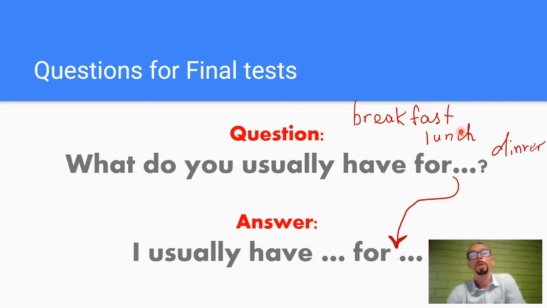If the question is, what do you usually have for lunch? You can say, I usually have salad for lunch. Okay, now it's time for you to write down the question and the answer. So make sure you know how to answer it. All right, let's go. 1 minute on the clock.